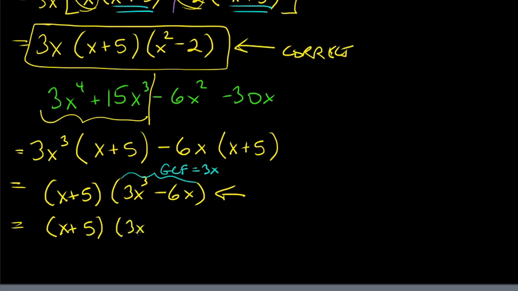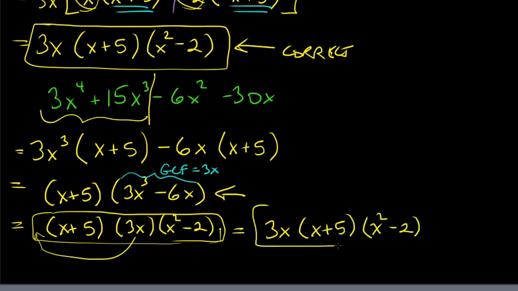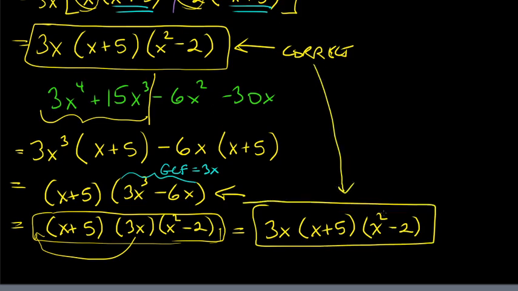And now we factor out the 3x, and when we do that, we're left with x squared minus 2. Now we have the same thing as before. This is correct, although the 3x really belongs in front here. So put the 3x first, then the x plus 5, and then the x squared minus 2. And now it's the same answer as before.